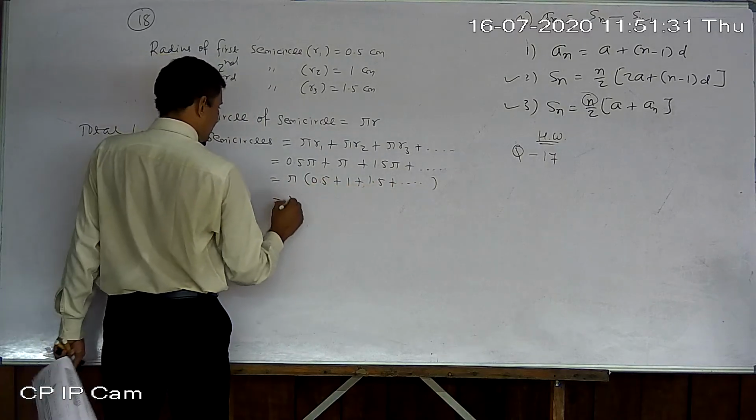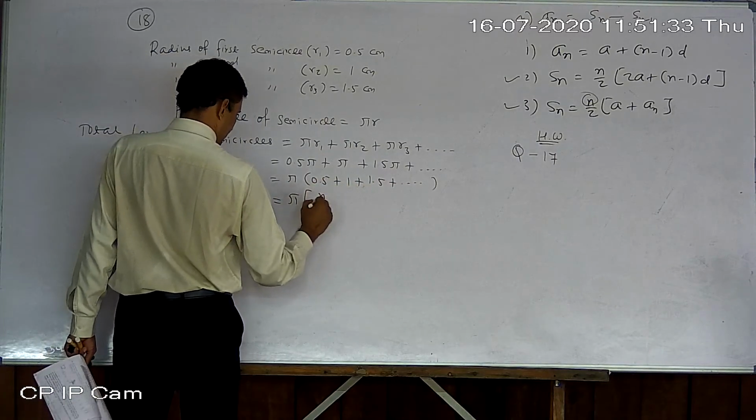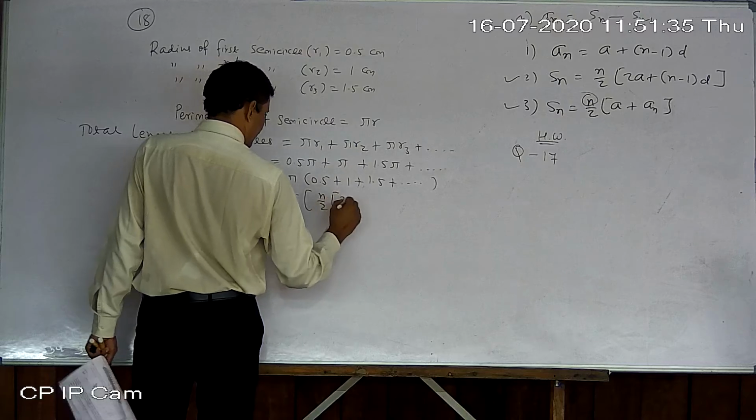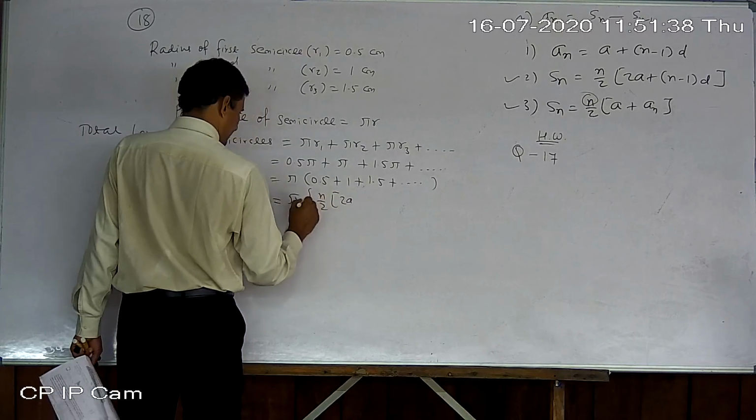So just write down the formula: n by 2 into 2a plus n minus 1 times d.